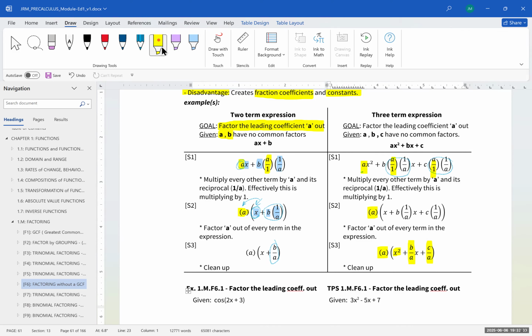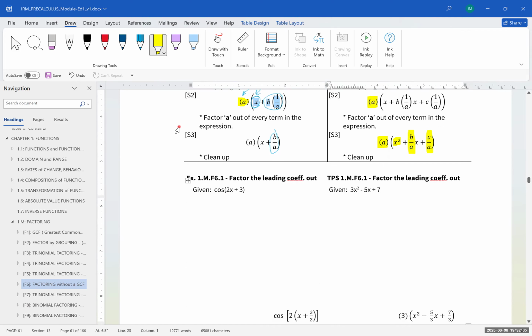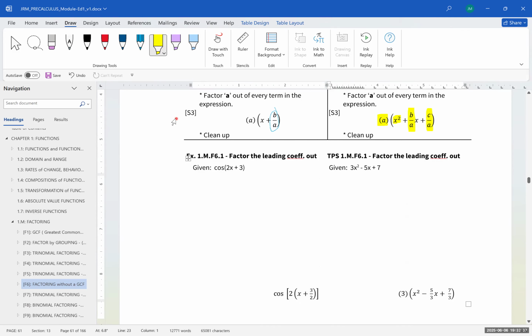So let's do an example and see how this works out in the wild. What we want to do is factor this 2 out of this expression within this trig function. So we have a cosine of 2x plus 3, and we want to factor a 2 out of this 2x plus 3 expression. How do we do that?